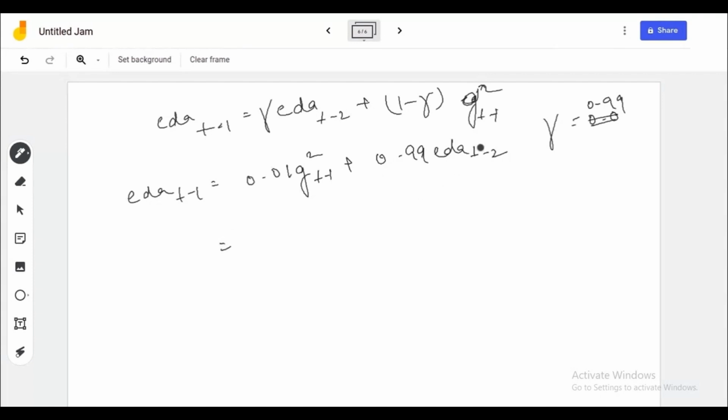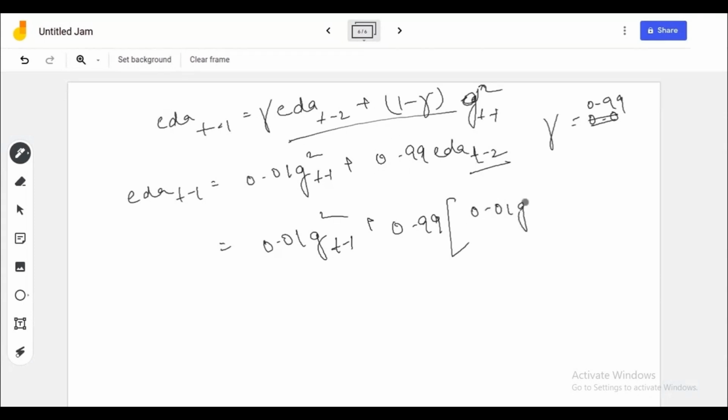If we replace this EDA t minus 2 with this equation again, we will have 0.01 of g t minus 1 square plus 0.99 of, so what will this be again? This will bring down to 0.01 of g t minus 2 square plus 0.99 of EDA t minus 3.